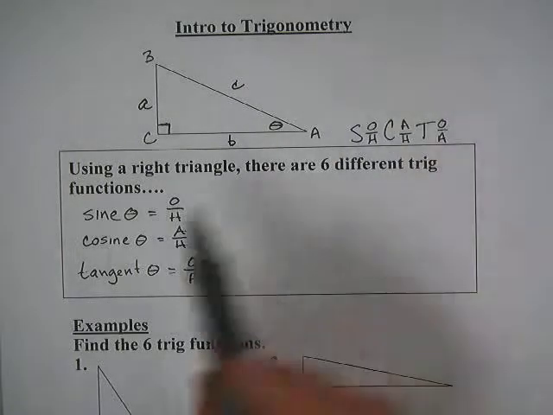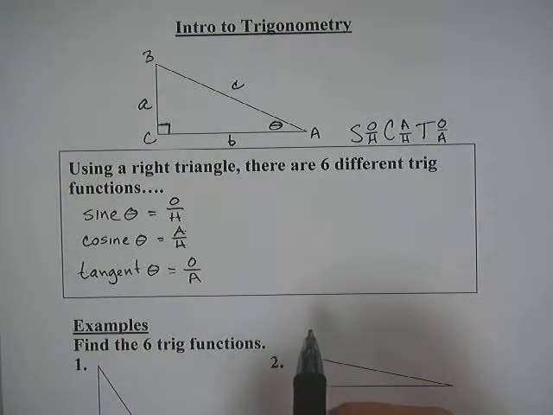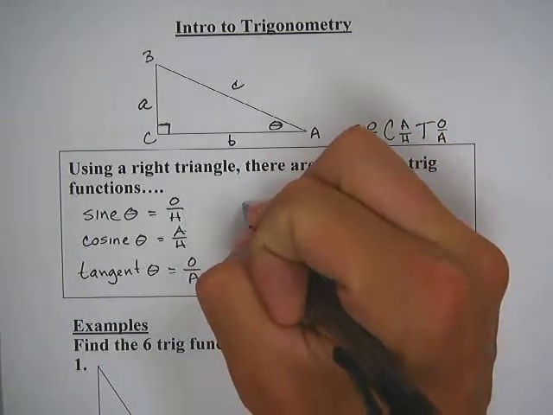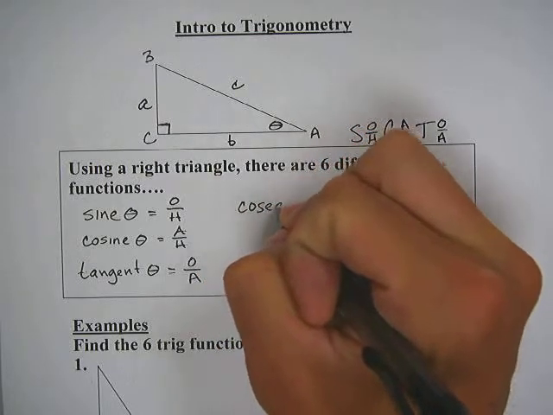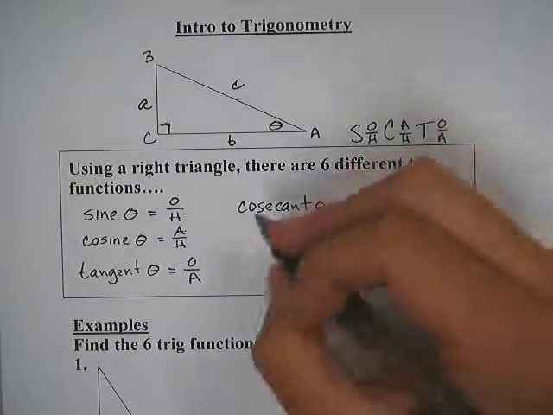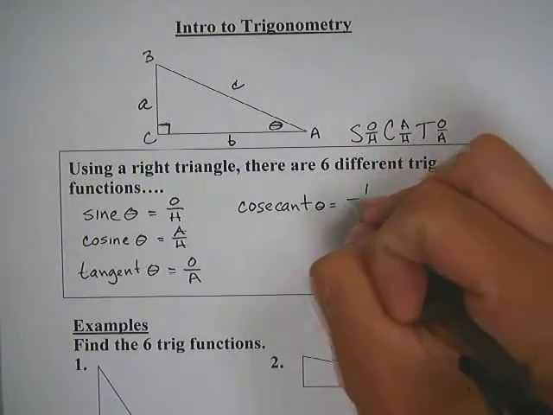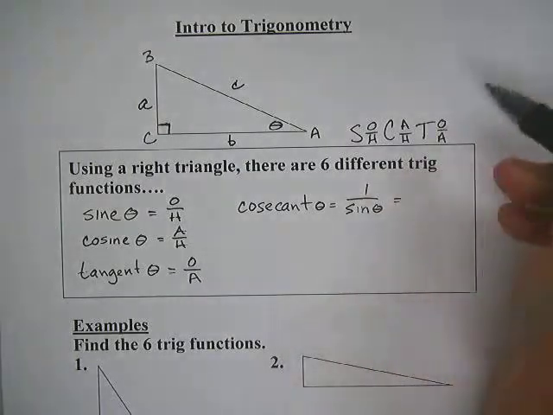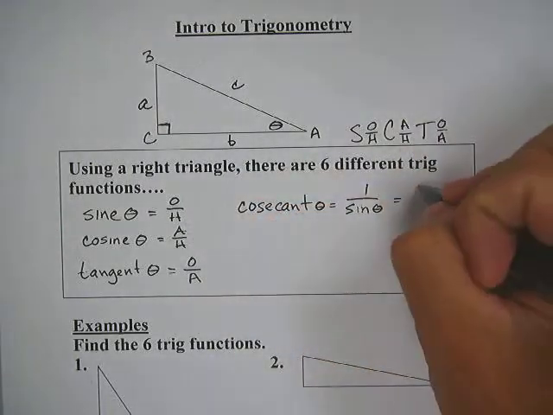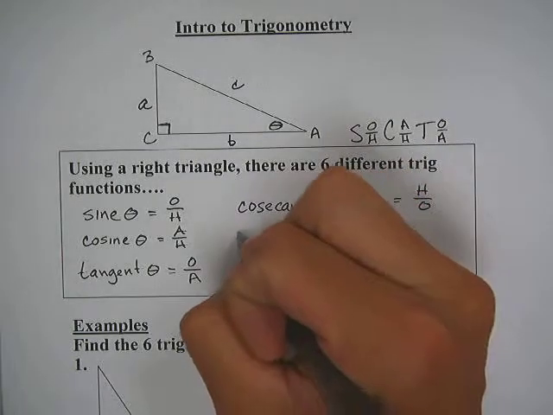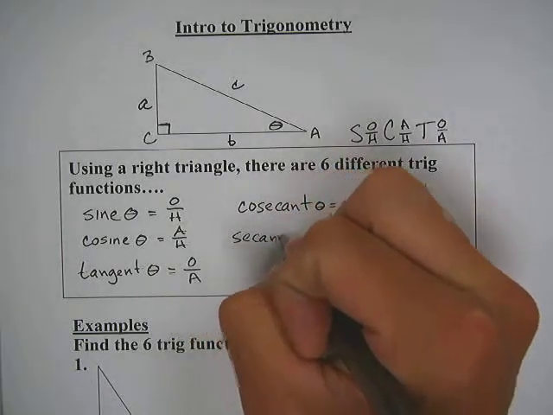Now there are 3 other trig functions, and they are the reciprocal functions of these 3. The first one is cosecant. Cosecant of theta equals 1 over sine, which, if sine equals opposite over hypotenuse, means this is hypotenuse over opposite.